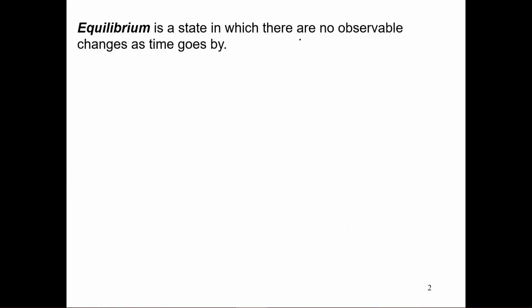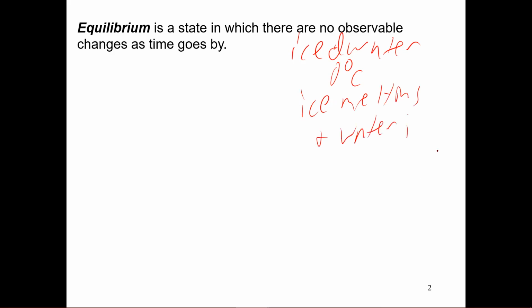Equilibrium is a state in which there are no observable changes as time goes by. The key thing is no observable changes. So for example, if you have ice and water at 0 degrees Celsius, ice is melting and water is freezing at the same time, and so you have ice cubes remaining in the system.